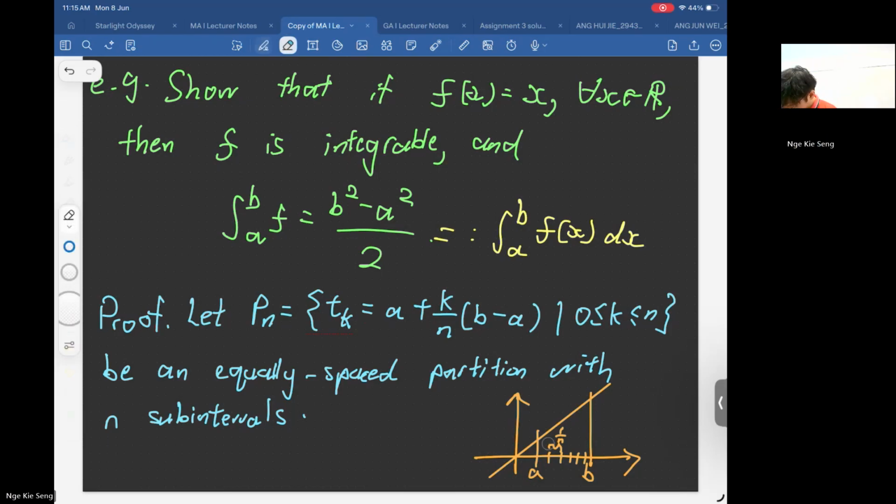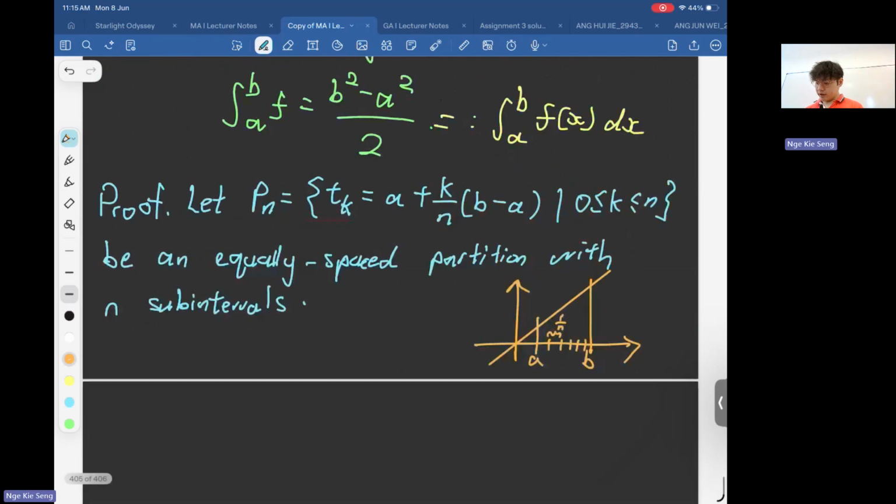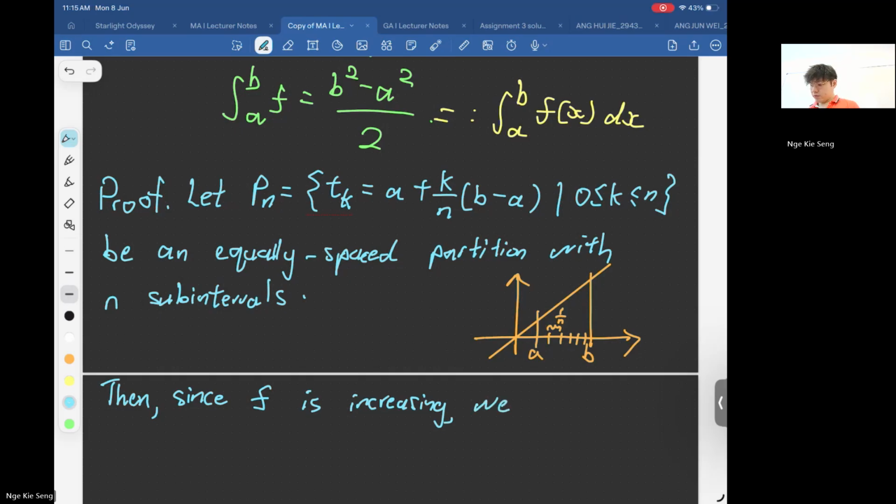Then we need to compute what is L(f, P_n) and U(f, P_n). Since f is increasing, what do we have?